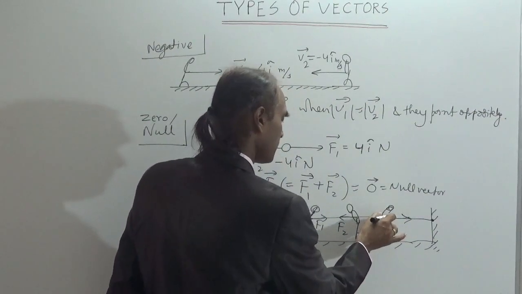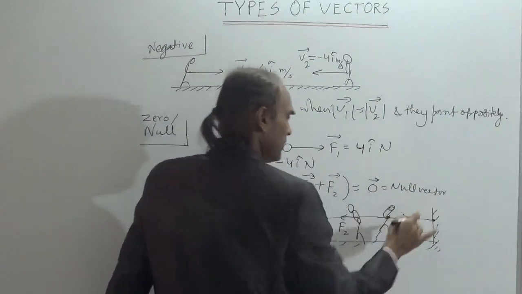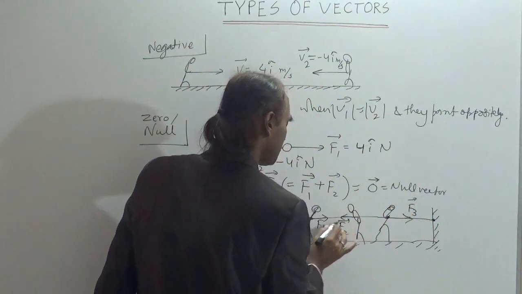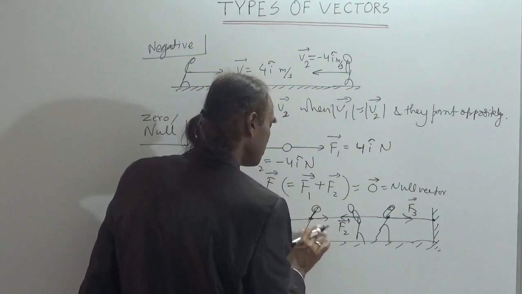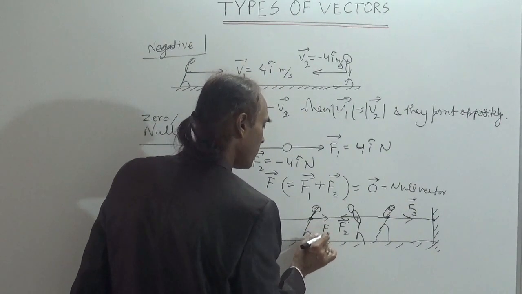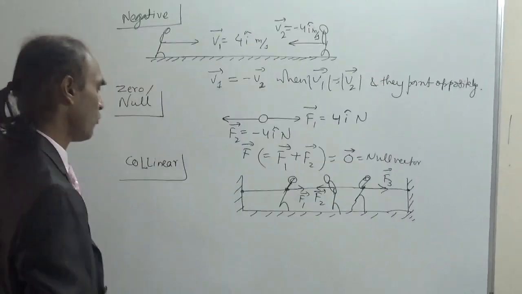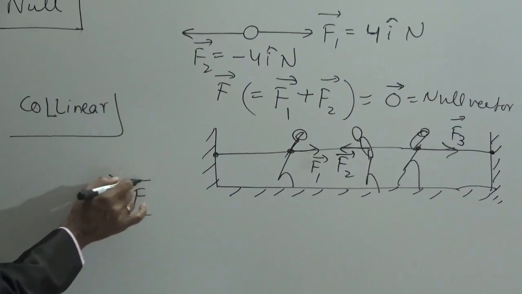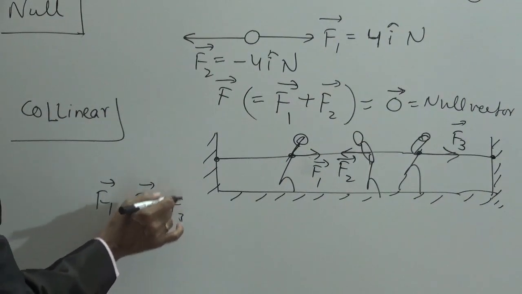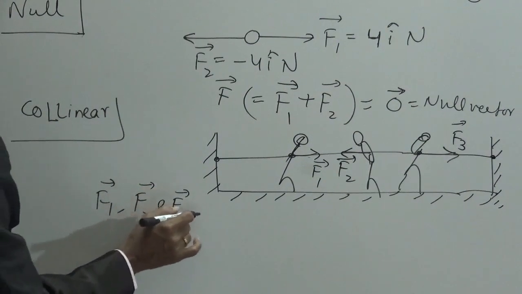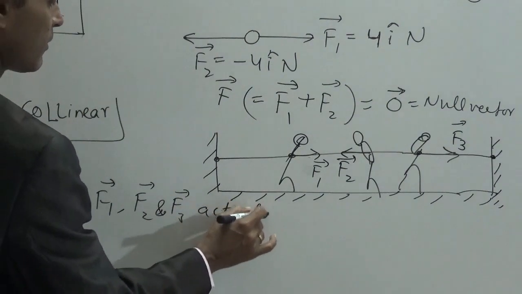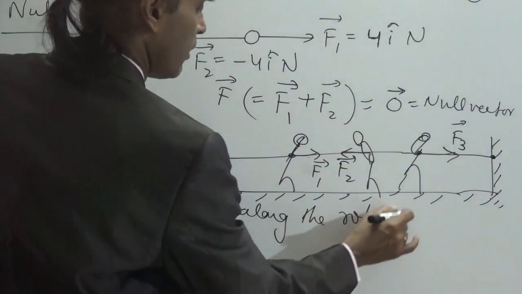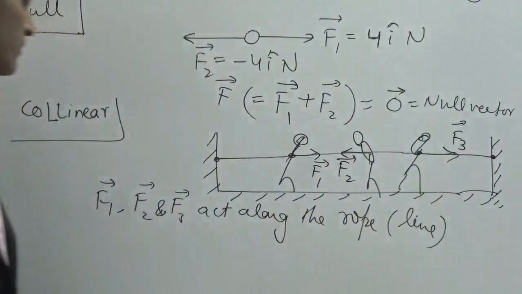Another guy is pulling the same rope in this direction with force F3. These three forces F1, F2, F3 act along the rope, along the same line.